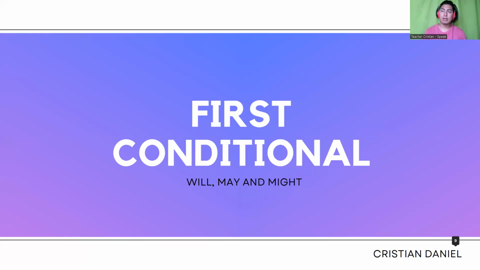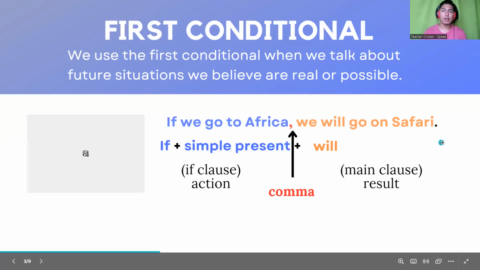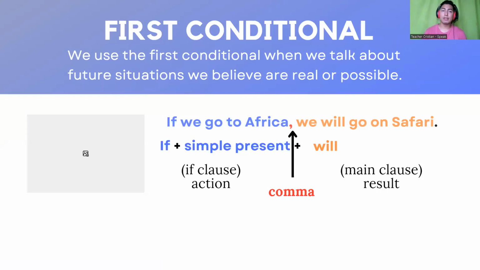When we use the first conditional, it is very common to use the auxiliary will, as we use it in future tenses. But in this opportunity, we are also going to check some examples using may and might.